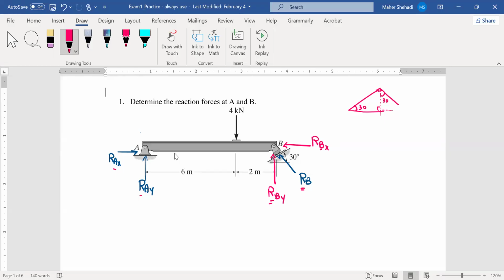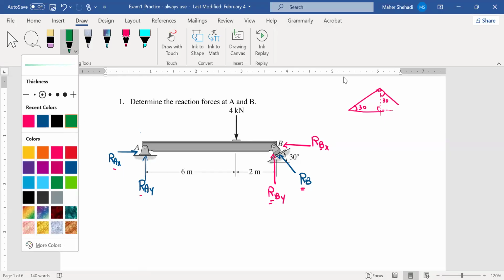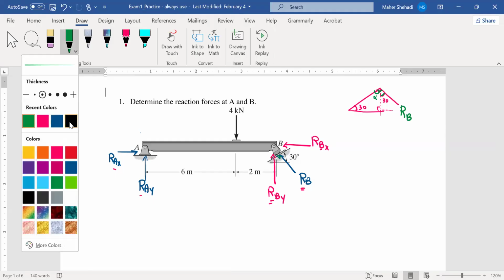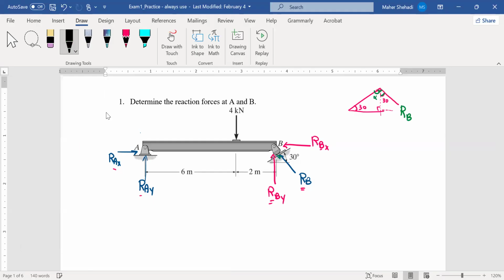Because this angle, that's the 30, and let's color this. Let's call this alpha. So alpha plus 30 equals 90, and this is 90 degrees because that's RB, it's coming here. Therefore, this angle is 30. Why do I need that? Because now I can decompose RB into two. This one, the vertical, do you see the angle?